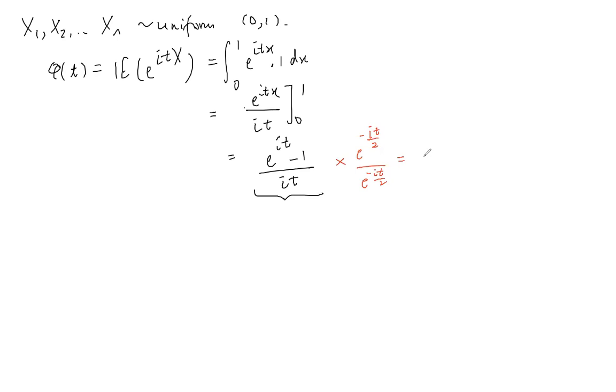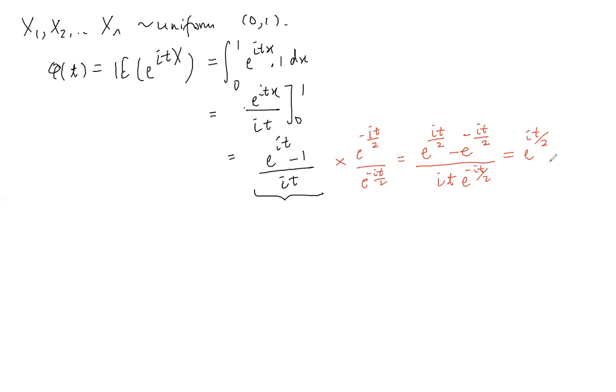You multiply this, and you will get e^{it/2} minus e^{-it/2}, over it.